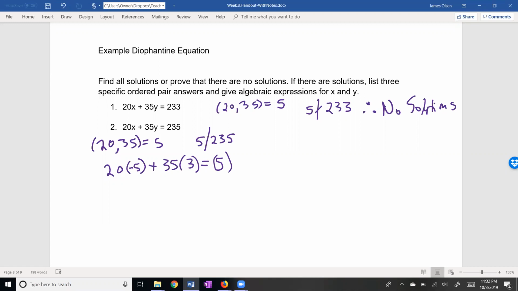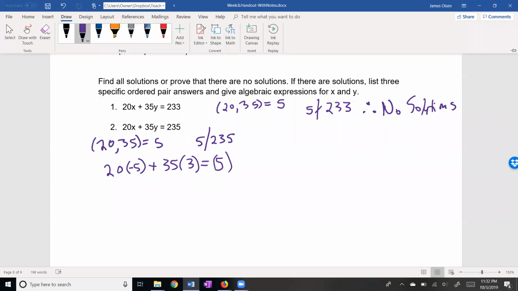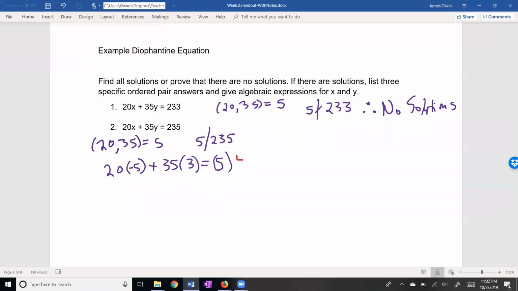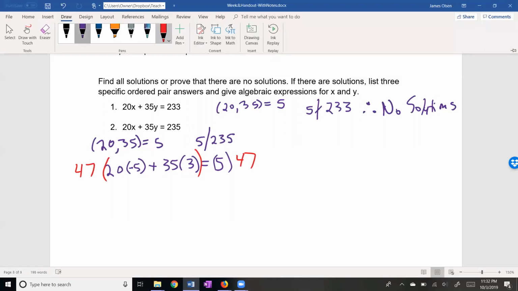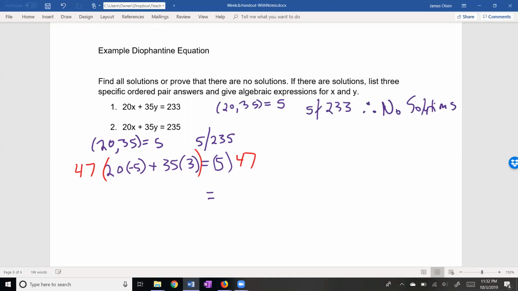So I'm going to need to multiply through by 47. And since I'm going to do this on both sides, I'm going to make that a different color. I'm going to multiply over here by 47, and I'm going to multiply over here by 47. So I get 235 on this side, and over here, negative 5 times 47.